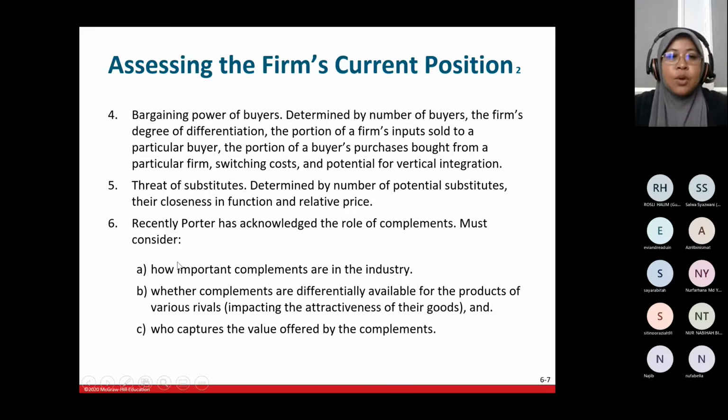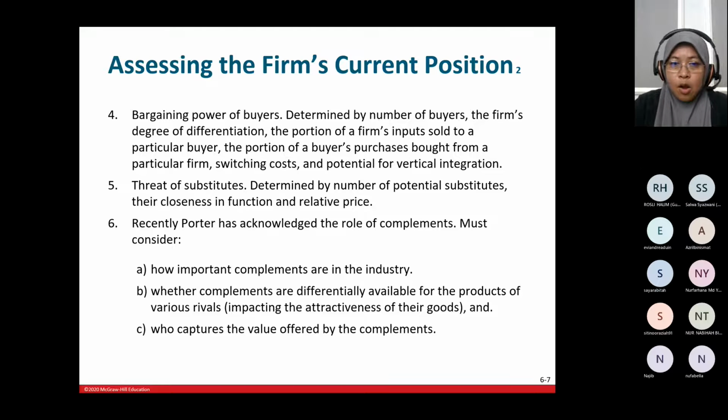And recently Porter has acknowledged the role of complement. Complement means products that can be purchased together to ensure higher usage of the core product. The first question is how important complement is in the industry. Are complements differentially available for the products of various rivals? Will it impact the attractiveness of their goods, and who captures the value offered by the complement?